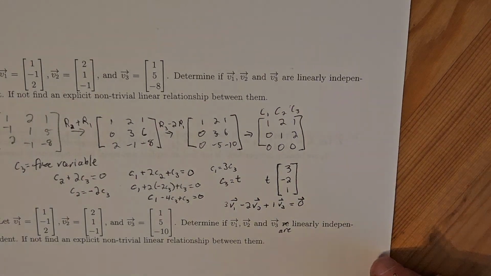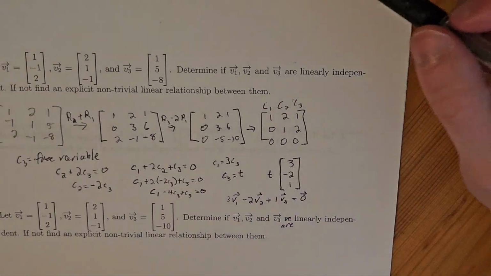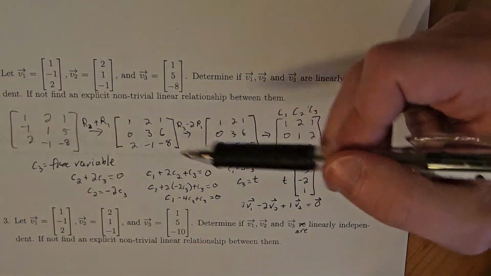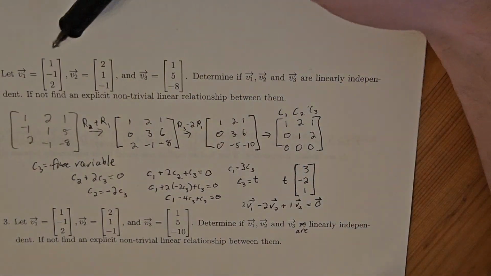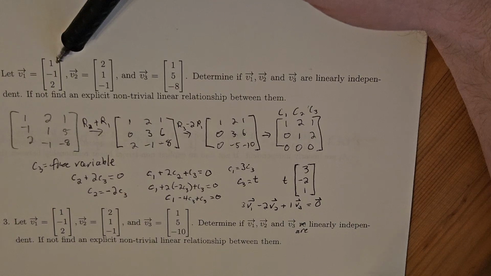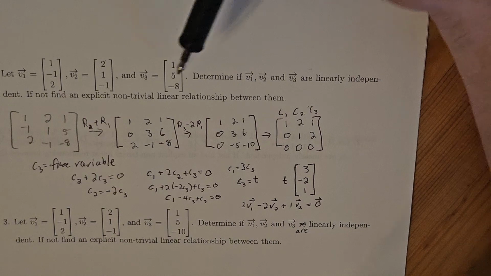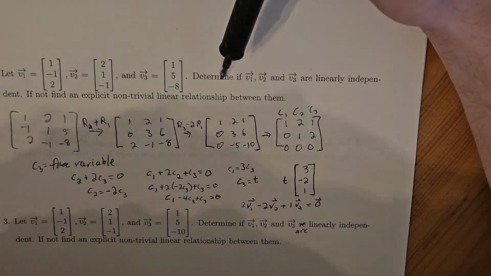Let's see if that actually works, right? So we have our 3 vectors here. 3 times V1, let's just look at the first row. 3 times 1 minus 2 times 2, so we have 3 minus 4 plus 1, which is in fact 0.